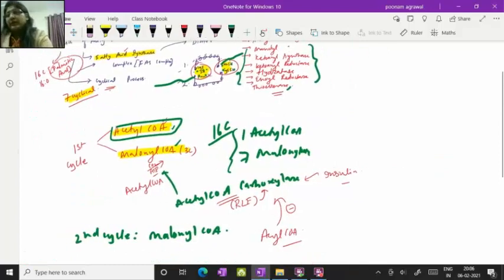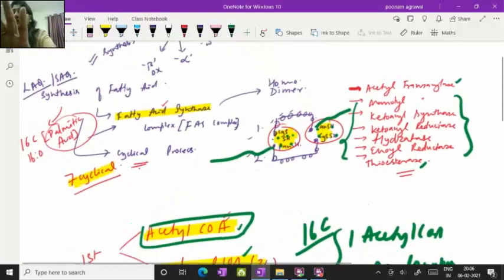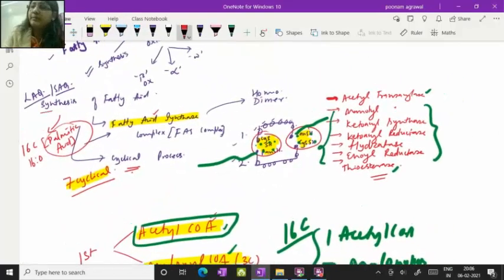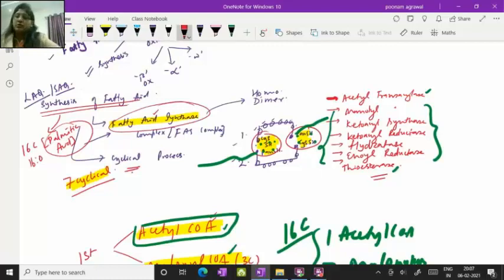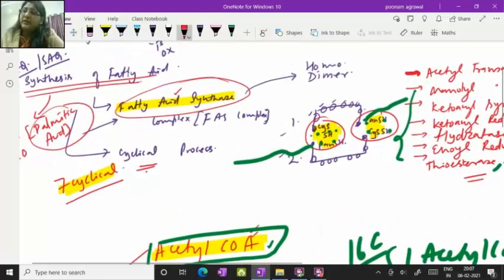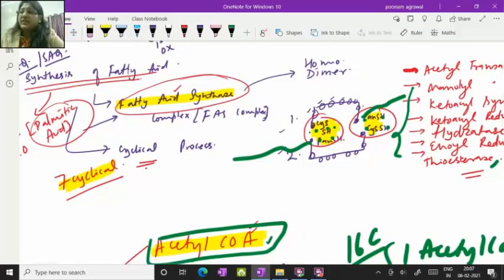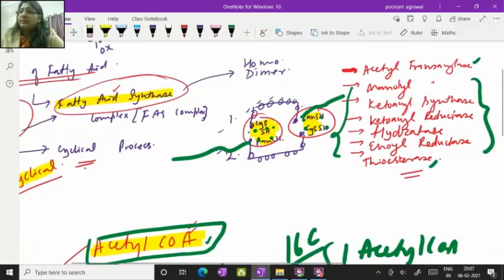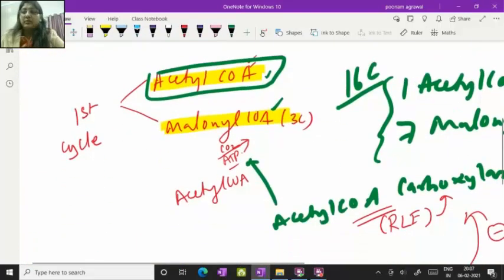So what I have told you till now: if you're talking about synthesis of fatty acid, you should remember it's a cyclical process, and humans synthesize a 16 carbon fatty acid chain, and that chain synthesis occurs on the FAS complex, which itself is a short note for you. You have to describe the FAS complex, the active site, the domains of the FAS complex, and then talk about precursors.